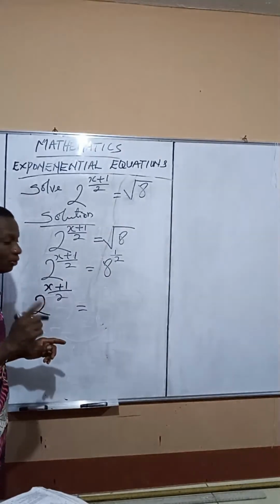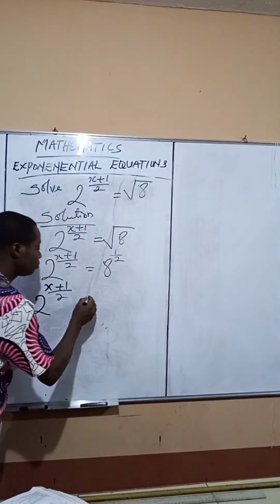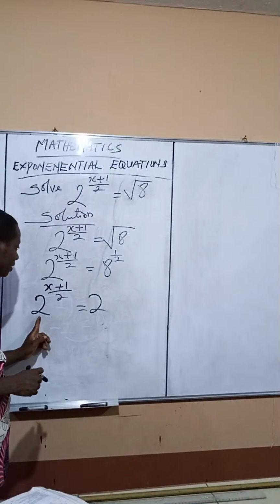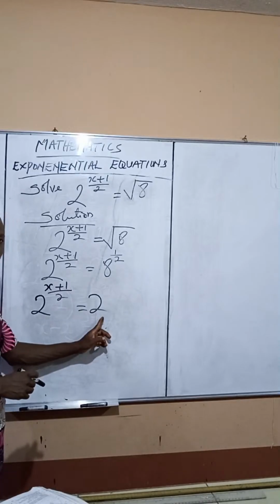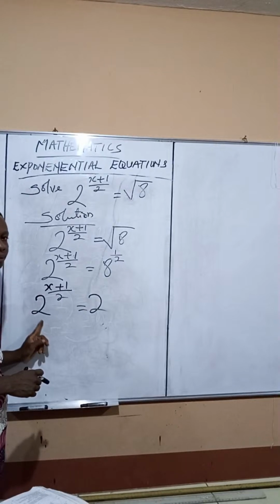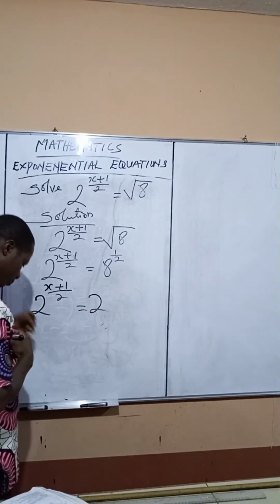Now the question is, how do I make the base to be 2? I want these 2 places to be the same. If 5 is here, I want 5 to be here. If 7 is here, I want 7 to be here. But since 2 is here, I want 2 to also be here.